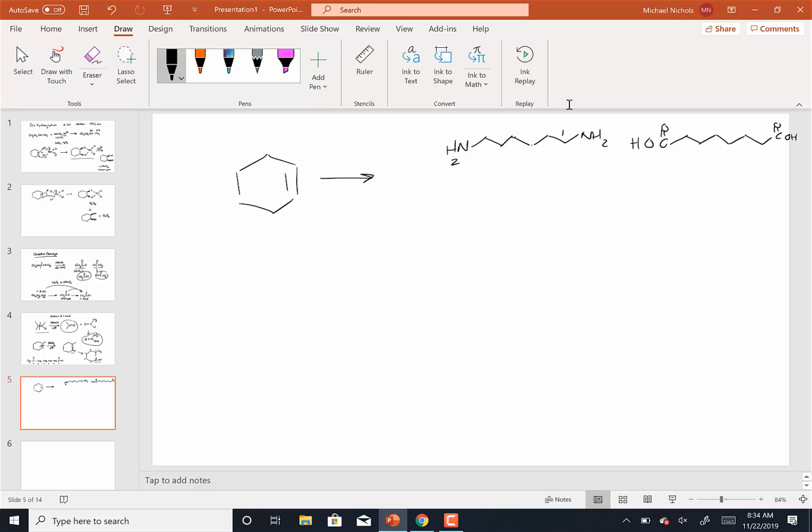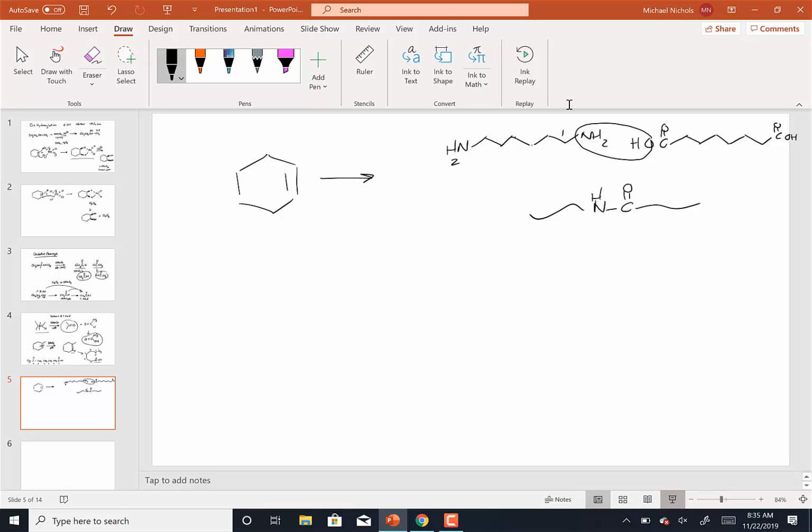What will happen is that the carboxylic acid group will react with the amine to make an amide functional group. And if you have 2 amines and 2 carboxylic acids, they just make this endless chain of what's called a polyamide.